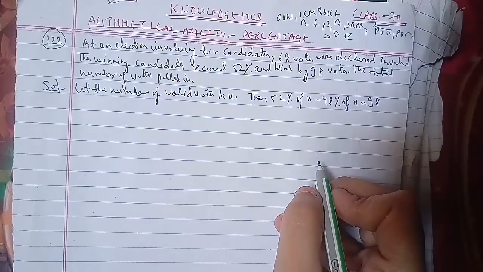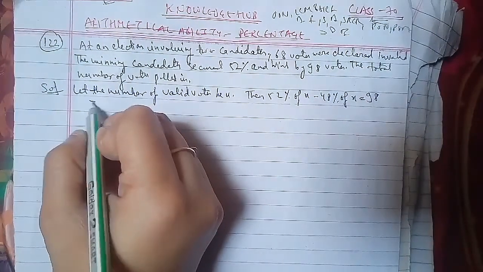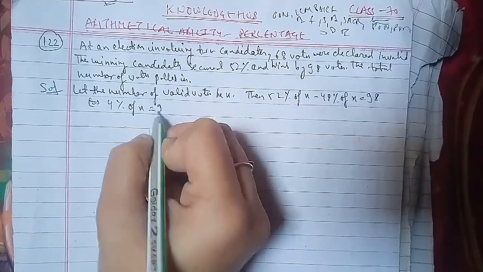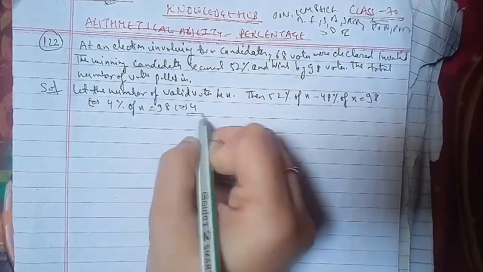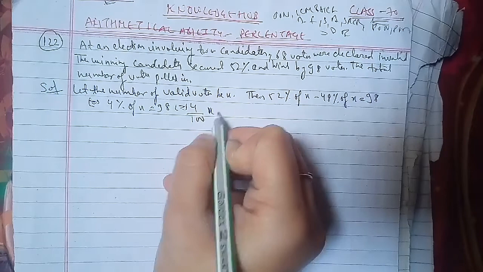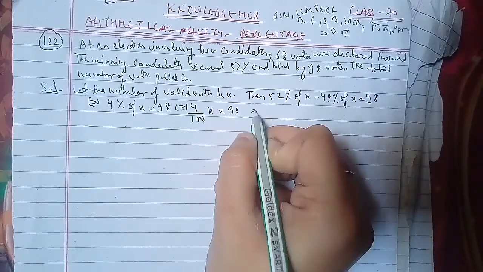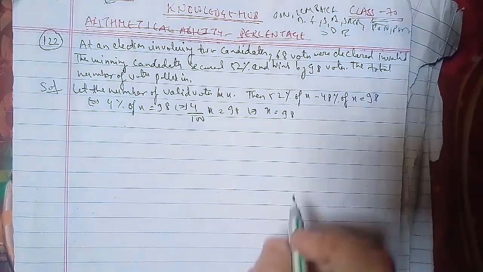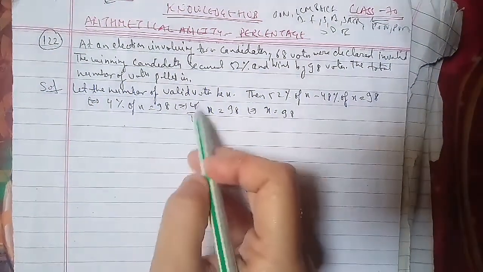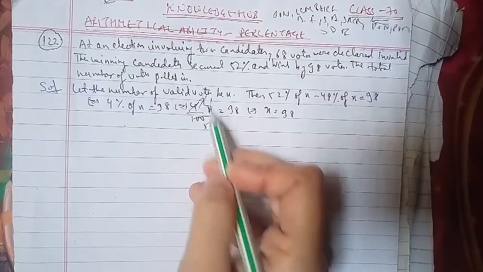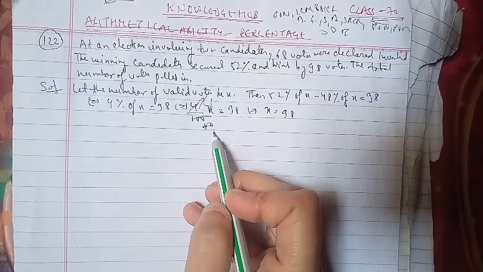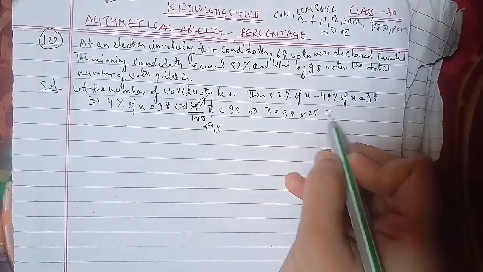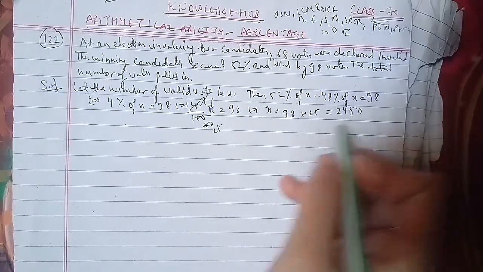That means 4% of x equals 98. So 4 upon 100 times x equals 98. When we cancel it out, 2 2s are 4, 2 5s are 10, 2 1s are 2, 2 2s are 4, and 2 5s are 10. That will be multiplied by 25, equals 2450.